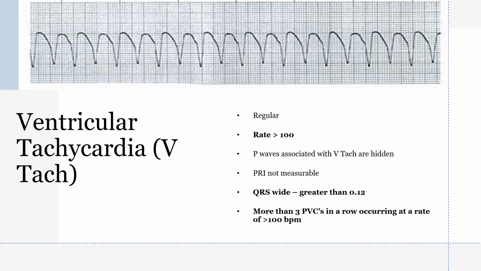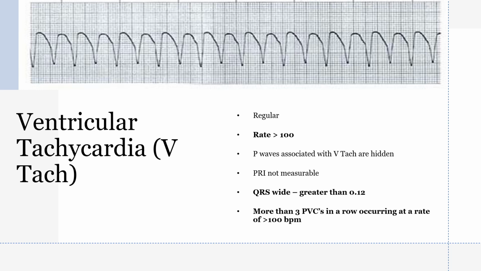And that is saying that the ventricles are very irritable, and so they are firing and taking over for that atrium. This is very concerning.